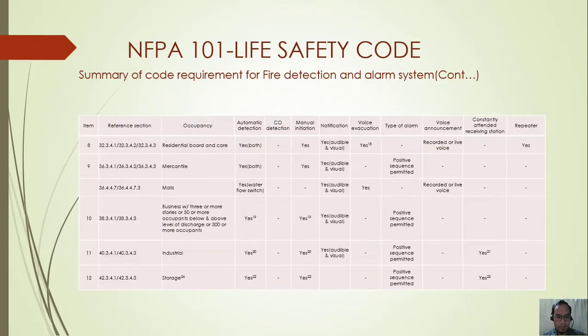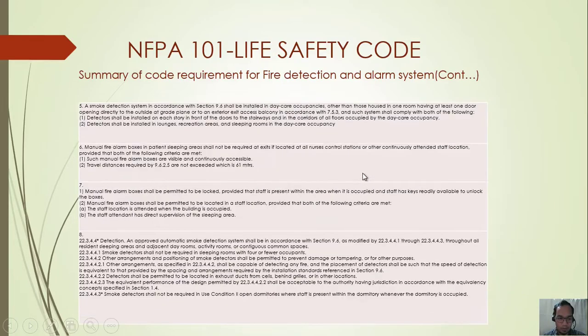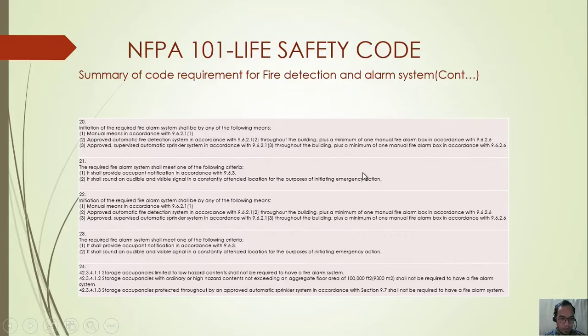And for note 23, under storage again, constantly attended location, maybe it's the same with industrial. It shall provide occupant notification in accordance with 9.6.3, or at first it will sound only at a constantly attended location. Then it's the trained personnel who's going to initiate the emergency action. Okay.